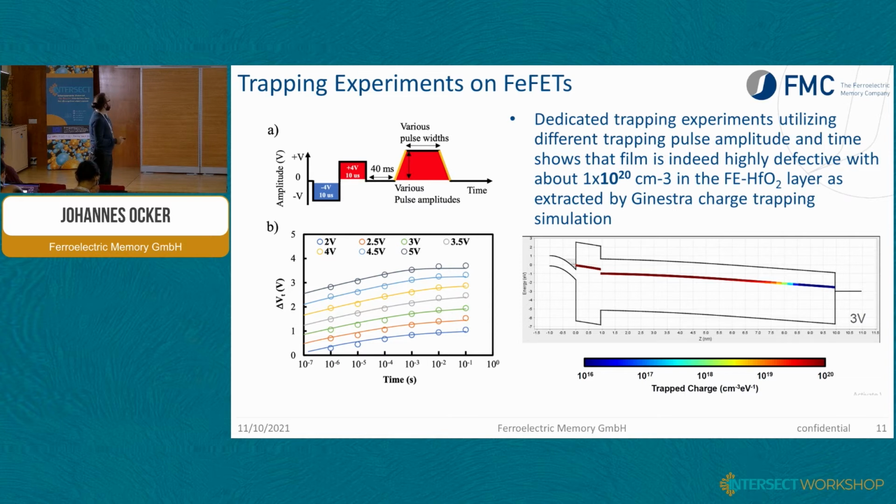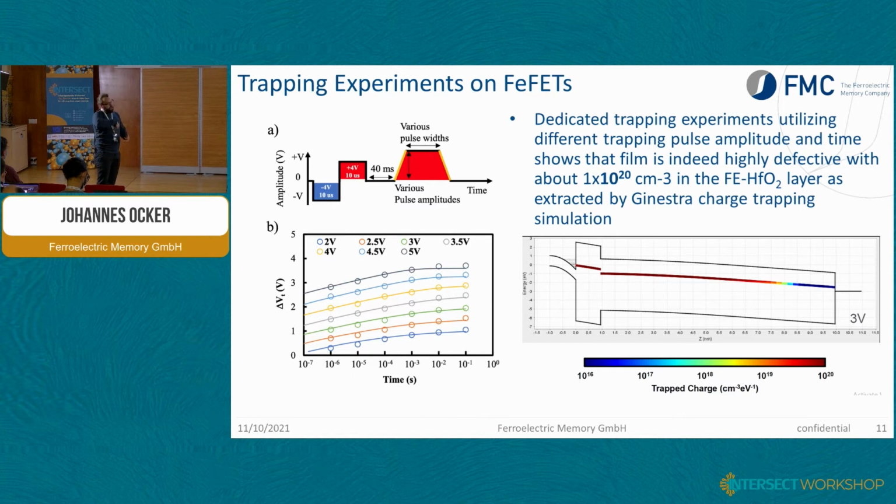Okay, so now we know the rough ballpark number of traps we have in the layer. I have to say that this fitting with Ginestra didn't include any ferroelectric polarization switching yet. We just assumed this layer is dielectric and fitted the trapping, because in reality this is not the case.